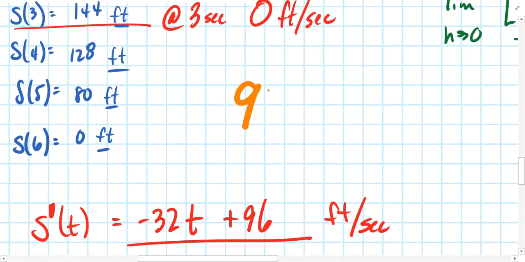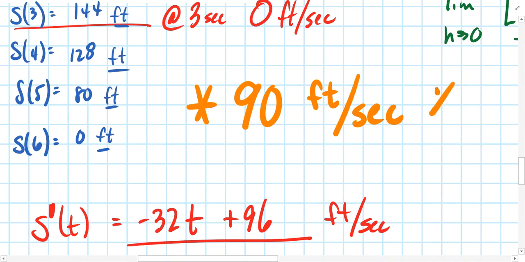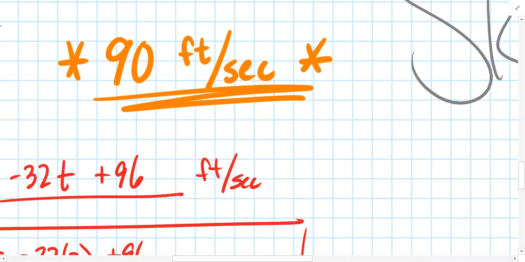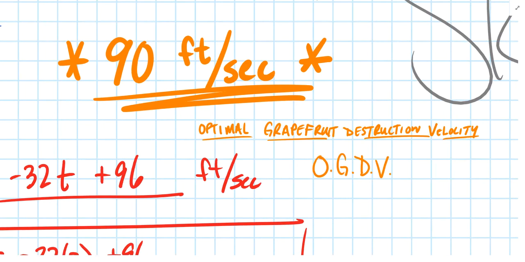I've learned over the years that when you throw a grapefruit into a concrete wall or a floor or some immovable object, the magic number, the magic velocity is 90 feet per second. 90 feet per second is the optimal grapefruit destruction velocity, or OGDV for short.